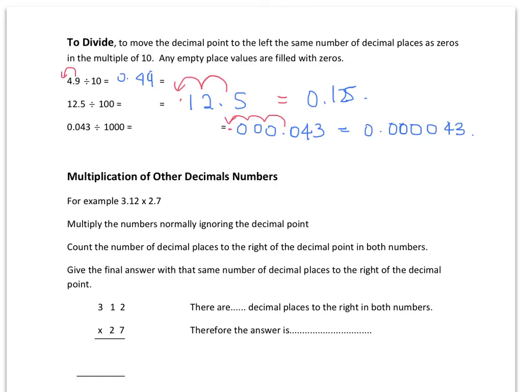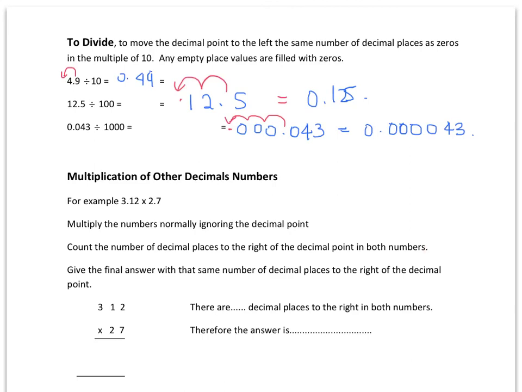If you wish to multiply one decimal number by another decimal number, you multiply the two numbers normally as though they were integers, ignoring the decimal point. Then you need to count the number of decimal places to the right-hand side of the decimal point in both numbers.